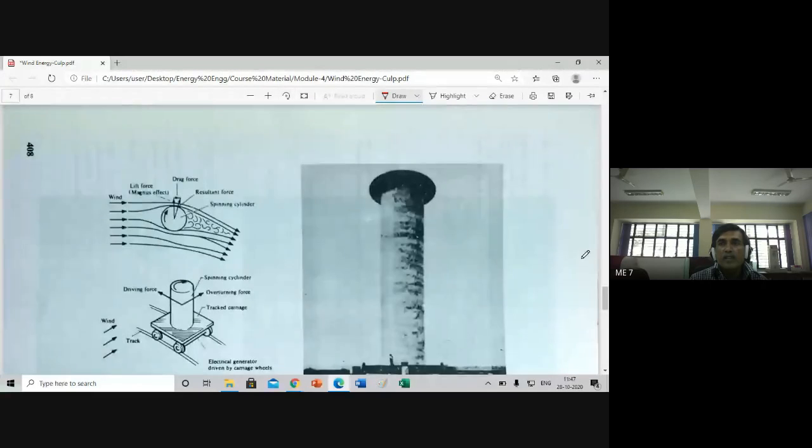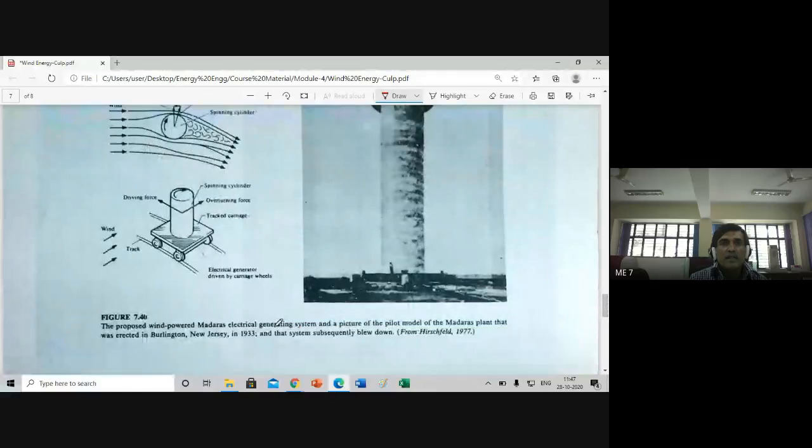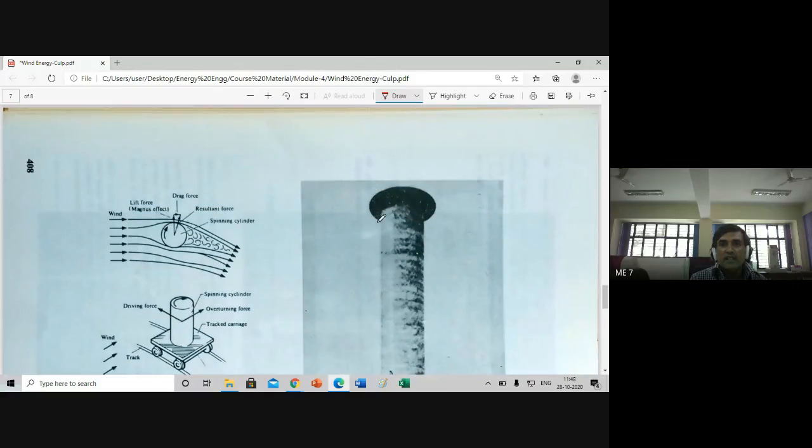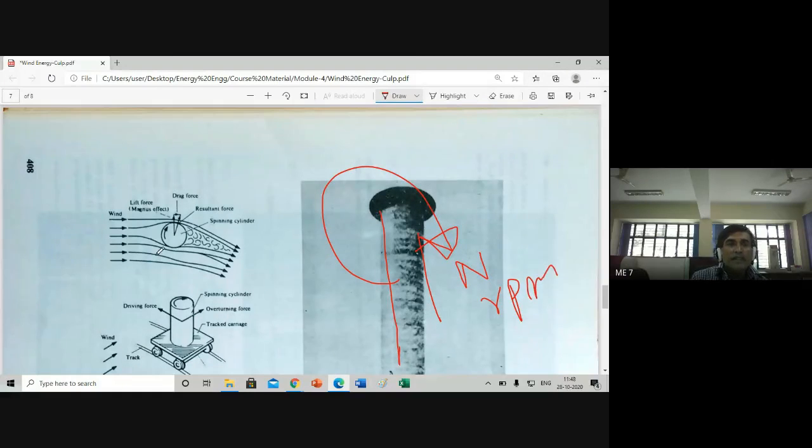Look at that. Proposed wind-powered Madaras electrical generating plant. How it looks. See, horizontal. This is rotating like this. That effect is shown here. Magnus effect.